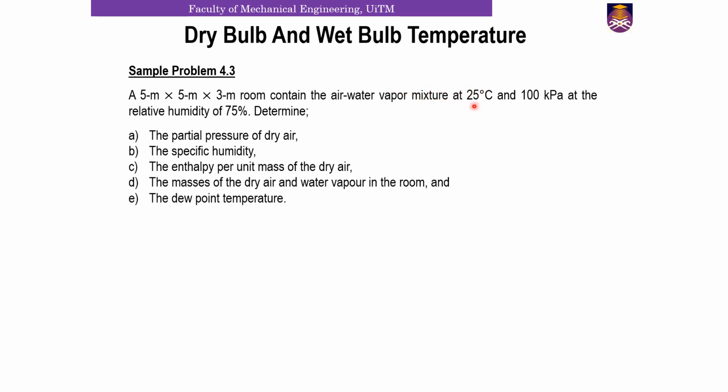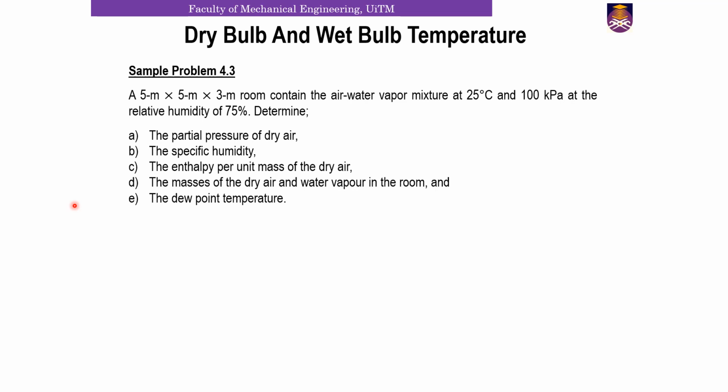When you read this, 100 kPa is the total pressure, and the relative humidity phi is given as 75%. You are asked to determine the partial pressure of dry air, the specific humidity, the enthalpy per unit mass, the masses of dry air and water vapor in the room, and the dew point temperature.